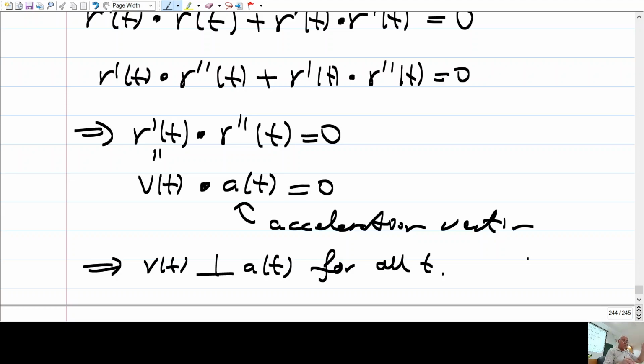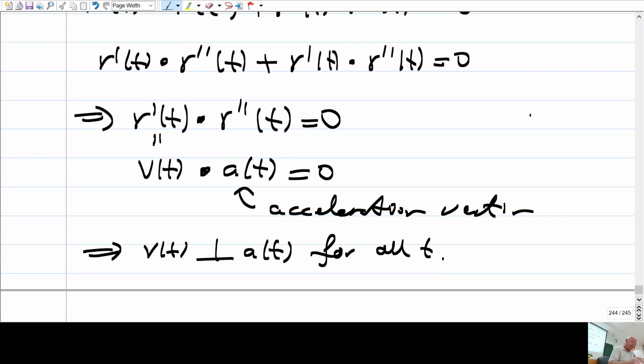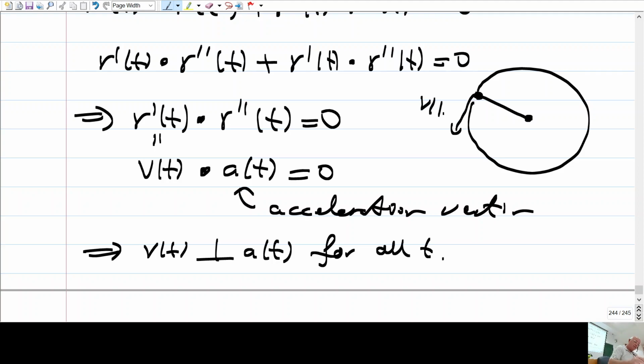Right? A typical example of this is as follows: take a rope, put an object on it, and just, you know, spin this like this with a constant velocity. Okay, the velocity vector is tangent to this, and the acceleration vector is the vector along which you apply the force.